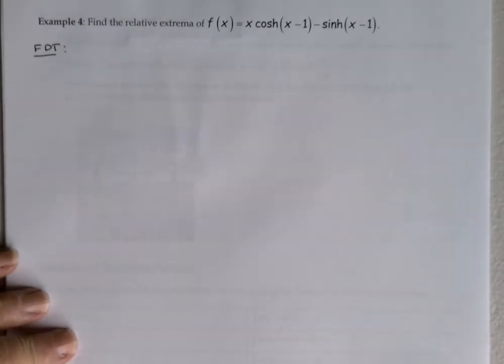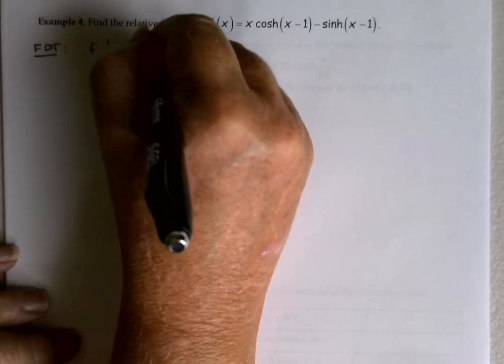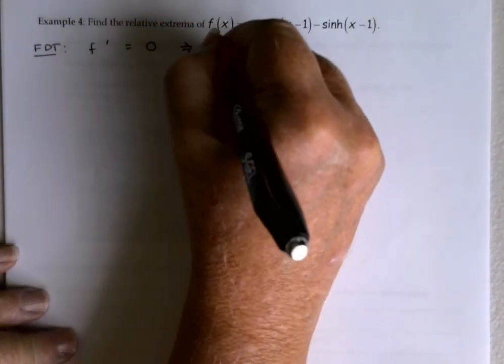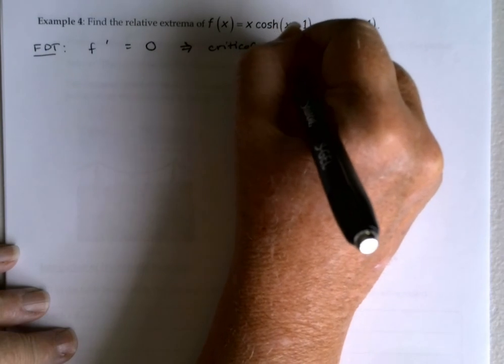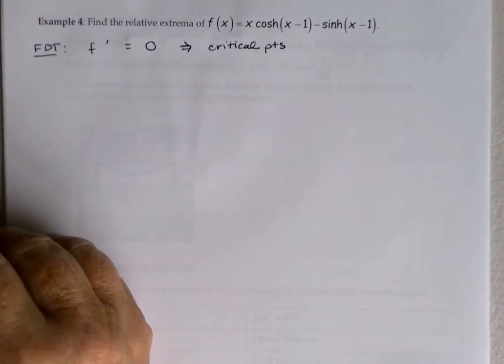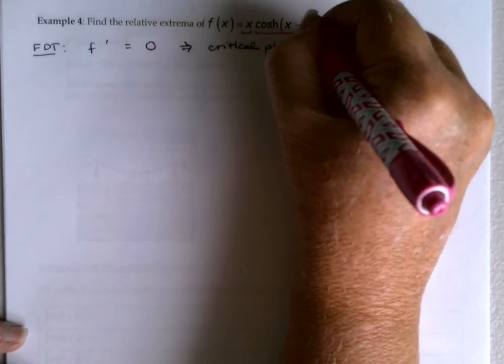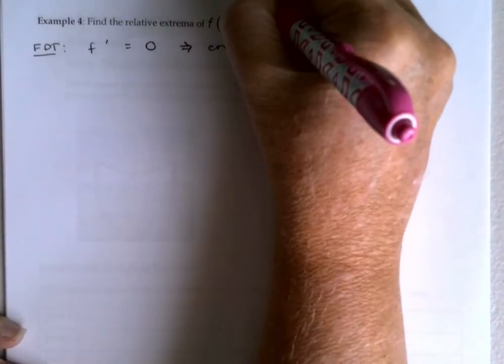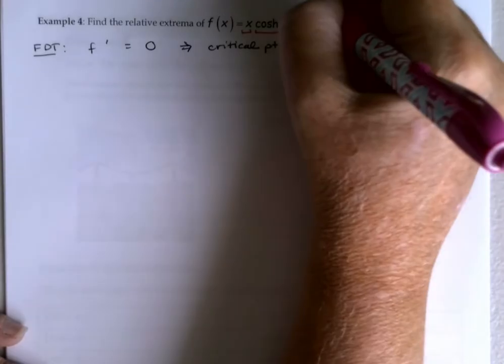We start by locating our critical points, where f prime is 0. So let's go ahead and do our f prime. Looks like I will have a little product rule right here. I'd have f is x and g is cosh(x minus 1).